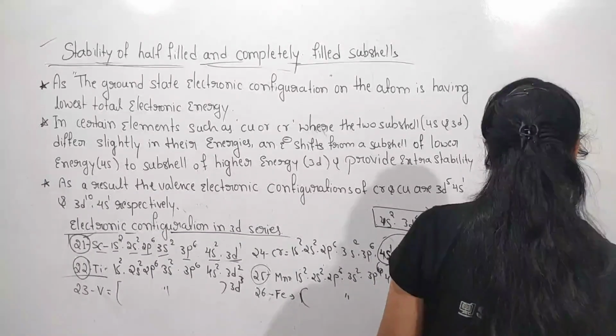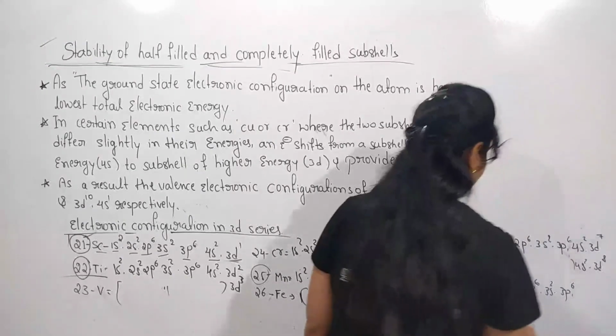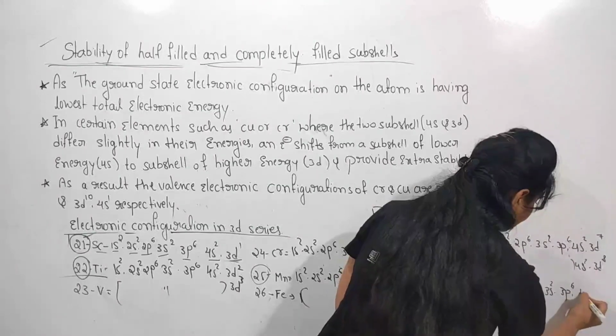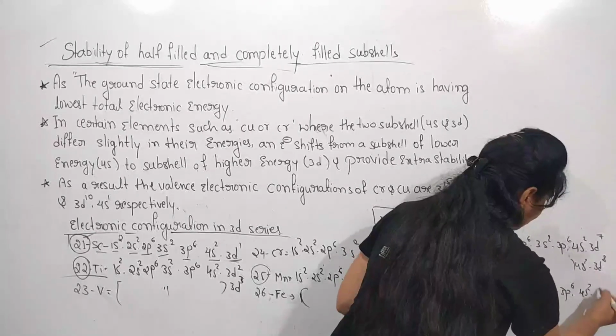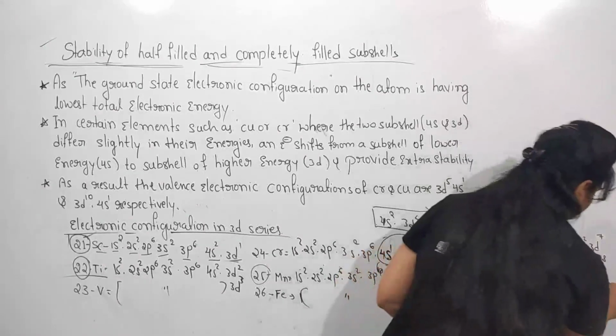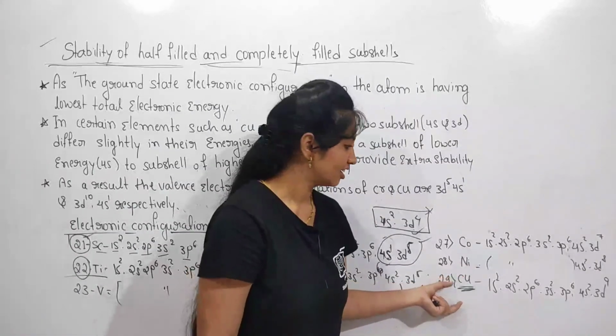Here also 4s2, 3d8. And next, 3p6, 4s2, 3d9.